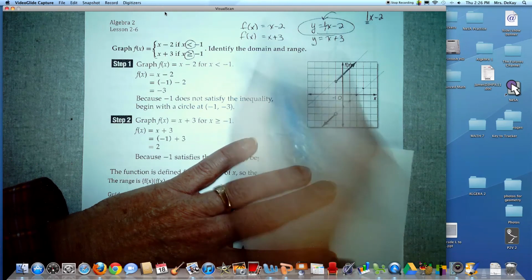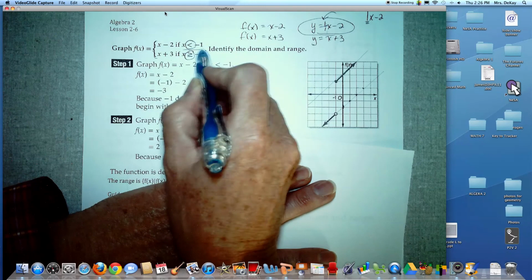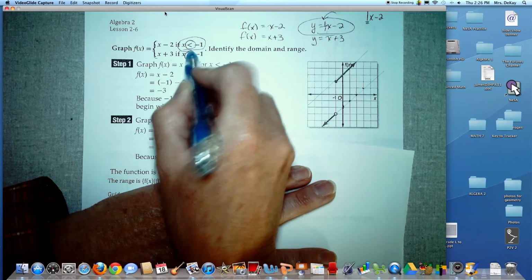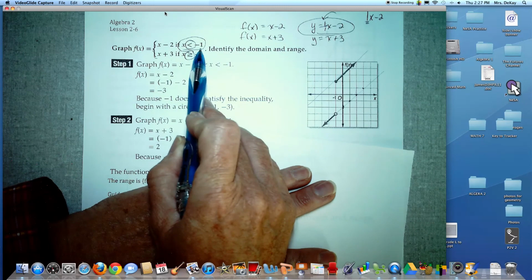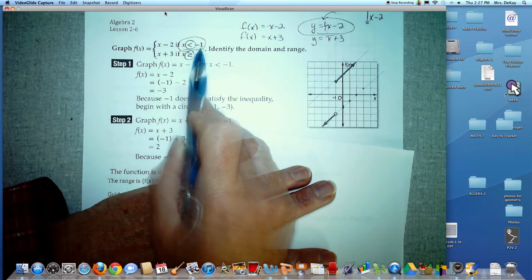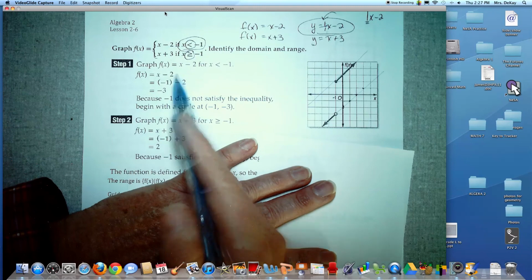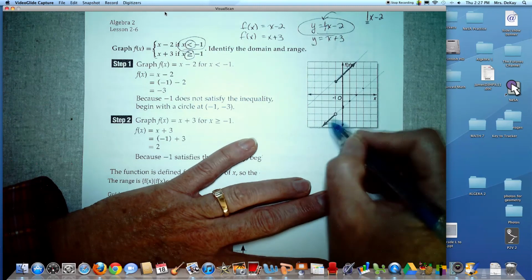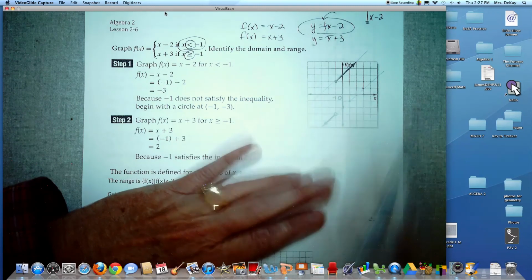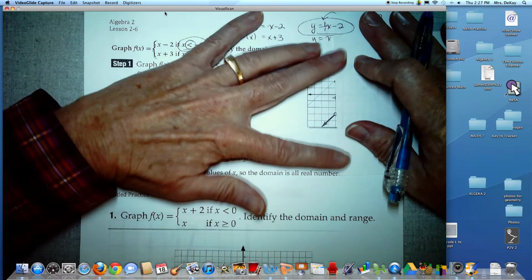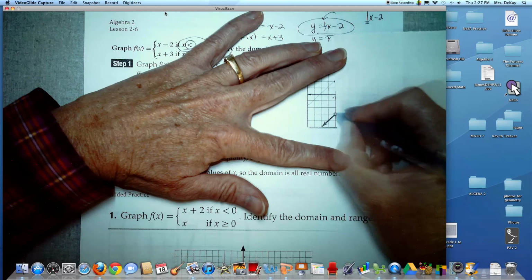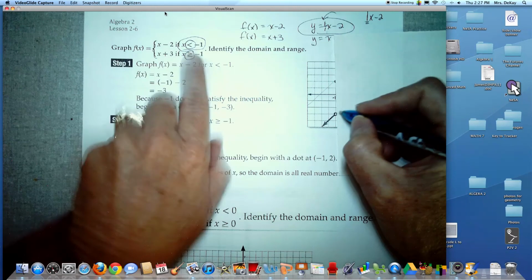Until I go back and check, where is this true? This is only true when x is less than -1. Remember, I'm reading this from left to right. I see my dots and I know where they are, but this is only true when x is less than -1. I know it's open because it tells me that right there.